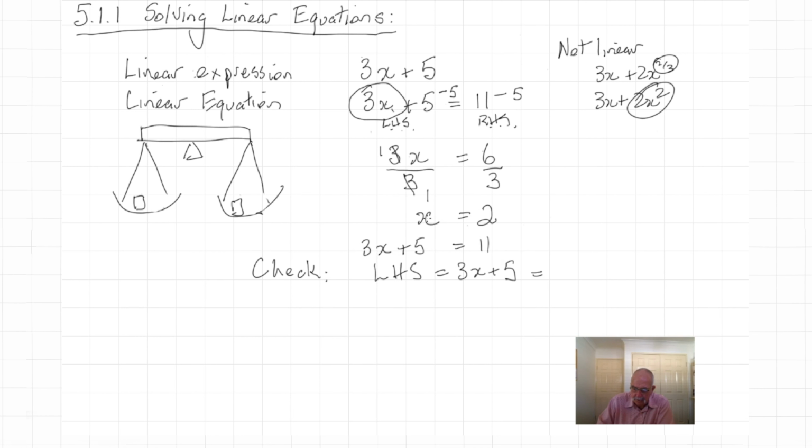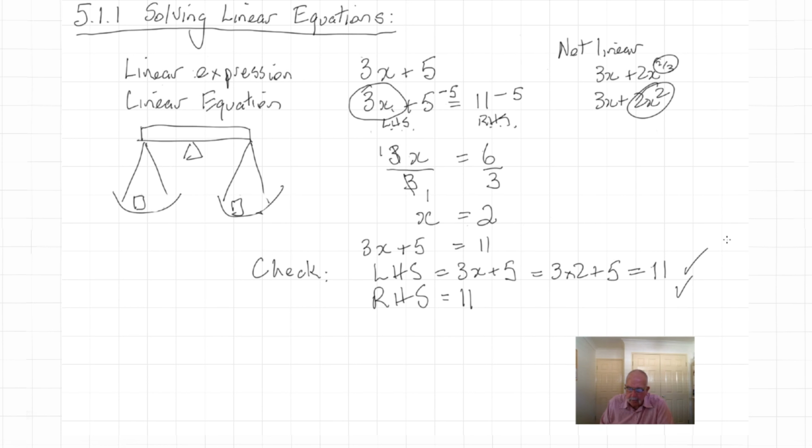We now substitute in our x value that we got for an answer, so that's 3 times 2 plus 5, and that's equal to 3 2s are 6 plus 5 is 11. The right-hand side, go right back up to the original question. The right-hand side equals 11, and you should find that they are both the same. And if they are, you know the answer is correct.